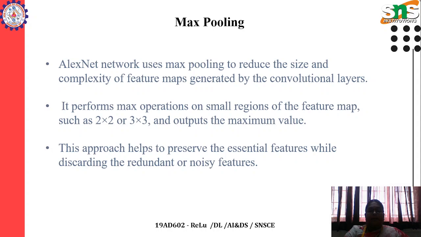It performs the max operation on small regions of the feature map, such as 2 into 2 or 3 into 3, and outputs the maximum value. The size may differ, 2 into 2, 3 into 3, and it outputs the maximum value.